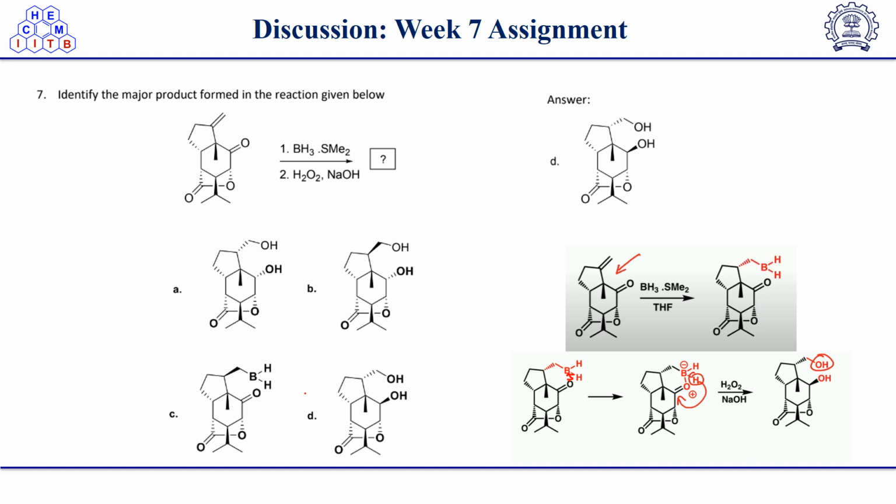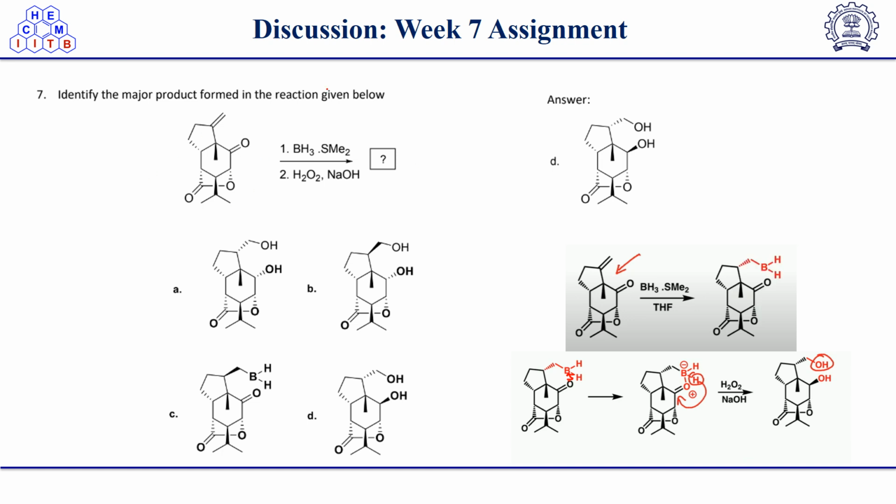And as we know, the stereochemistry will be directed by this particular angular methyl group. Since it is above the plane, this alkene reduction will give the compound below the plane. So that is what is happening in this reaction.